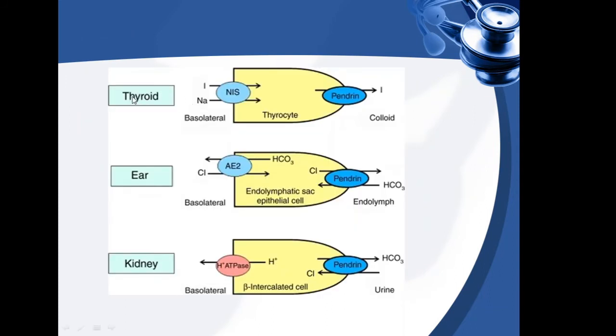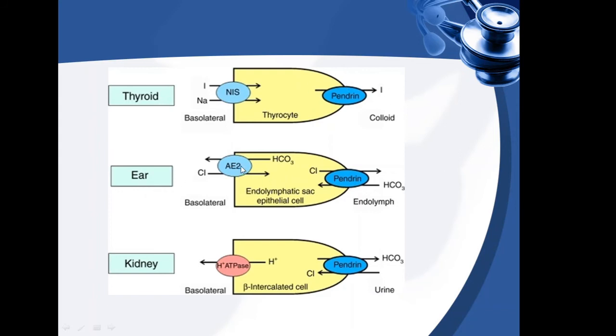So in this figure, you can see thyroid, ear and kidney. So in different regions, you have the NIS system in the thyroid, where sodium iodide is co-transported into the thyroid follicle cells, and pendrin will release the iodine from inside the cell to the colloidal region.